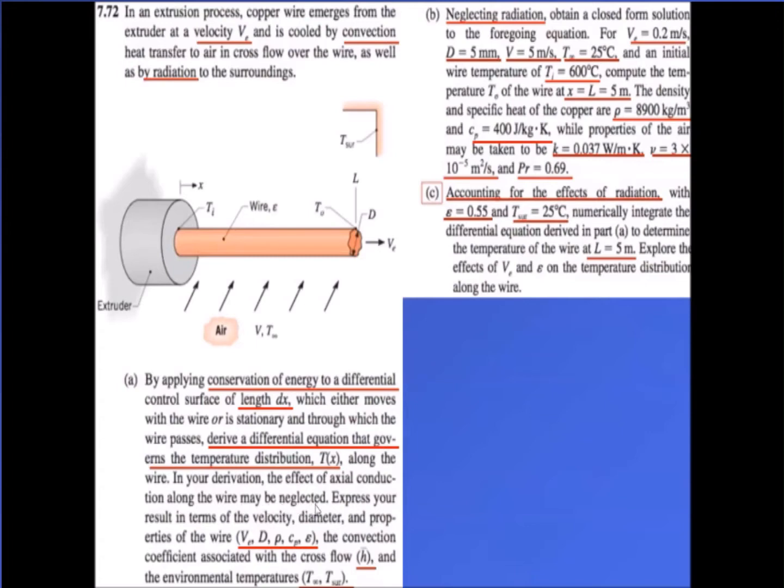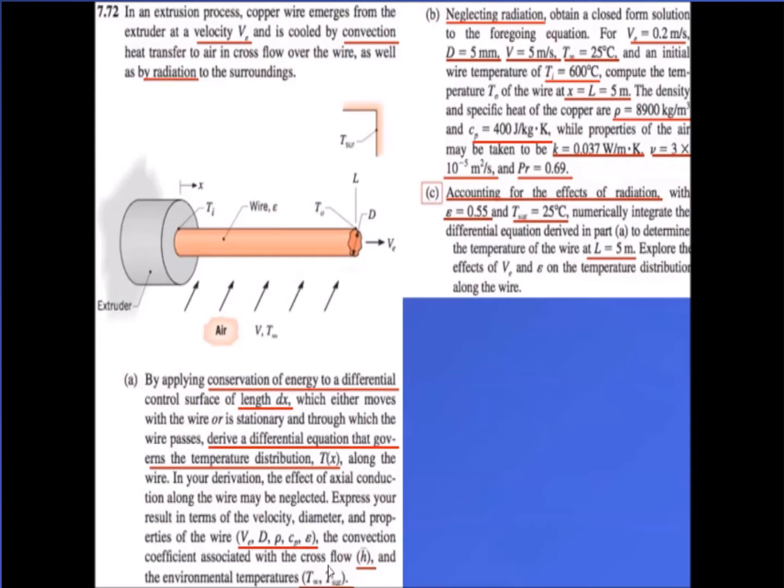Express your results in terms of velocity, diameter, and properties of the wire, which we can see by these variables and reference back up to our diagram, the convection coefficient associated with the cross flow, our H bar, and the environmental temperatures T sub infinity and T sub surround. These are the variables we're going to use to express our results.